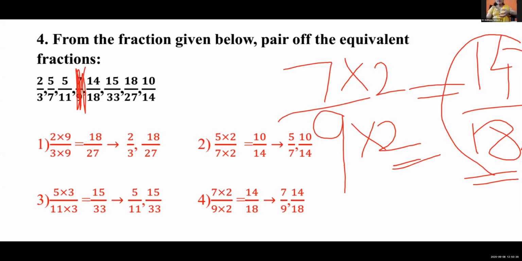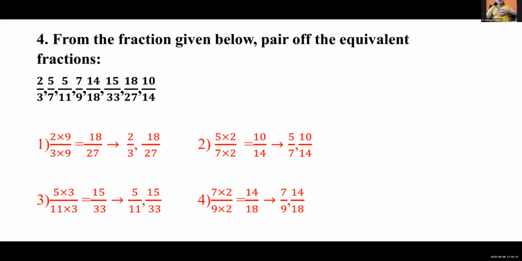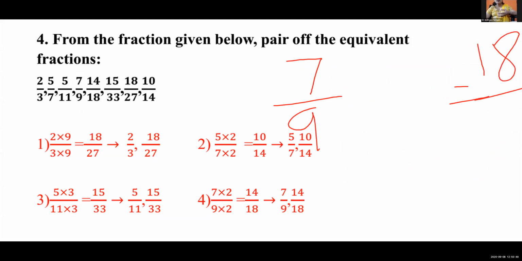Understood? Why have we not taken 27 as the denominator for the equivalent fraction of 7 upon 9? See, 18 upon 27 is also there. 9 1 is 9, 9 2 is 18, 9 3 is 27. If we multiply 9 by 3, we are getting 27.